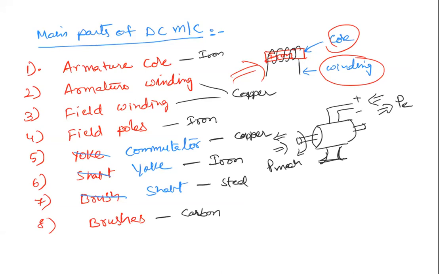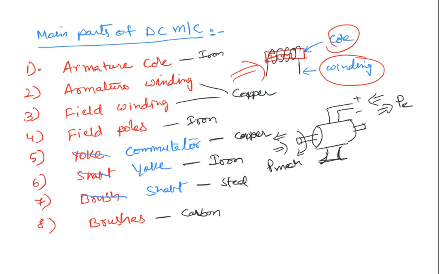So these are the main parts. If you see such a component, such a shape ever, you just tell me, anyone of you. No one has seen. This is called shaft, the straight part.